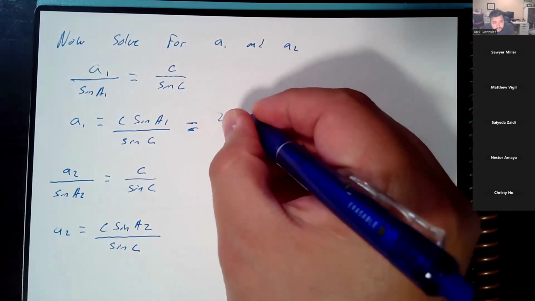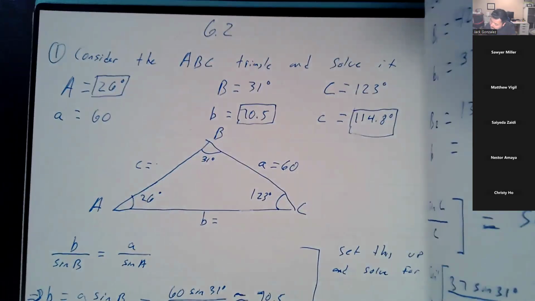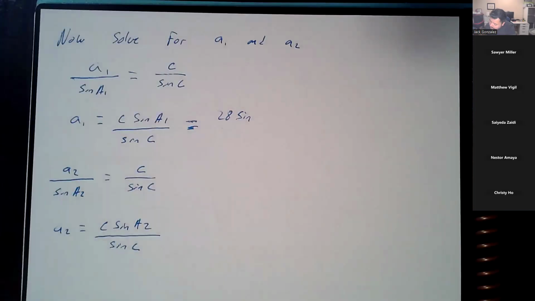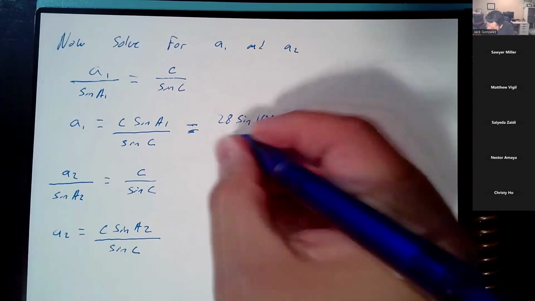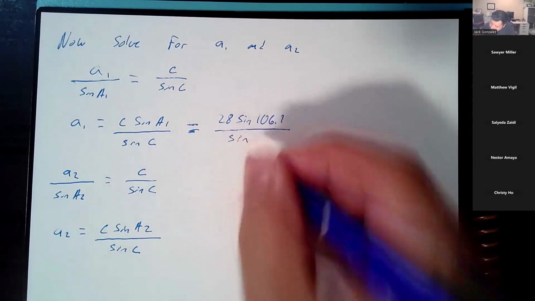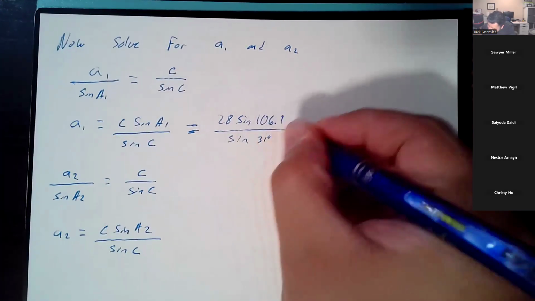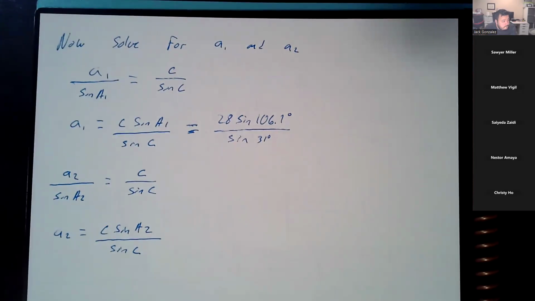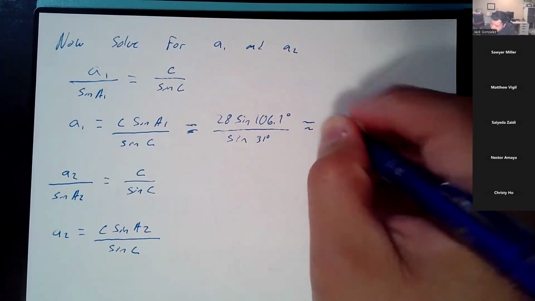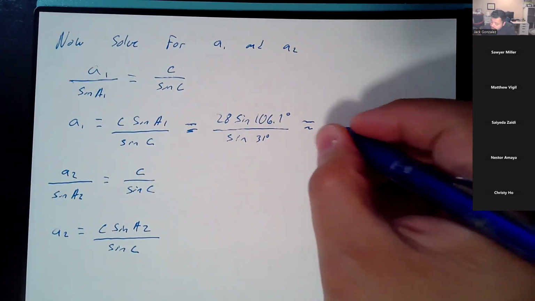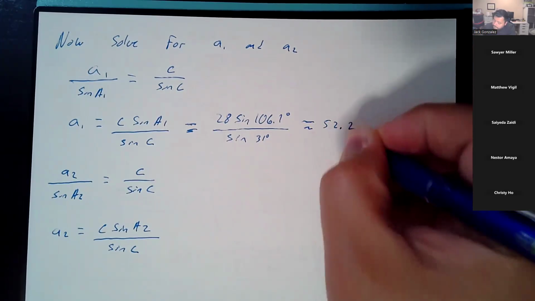There we go. Let me double check. C is 28, sine A 106.1 over sine 31. And that will be on the calculator 52.2.